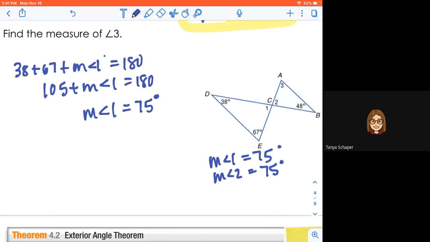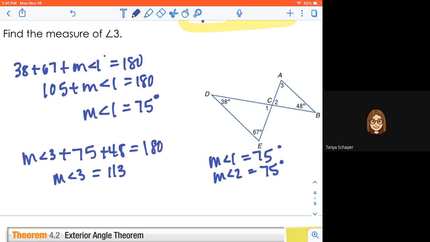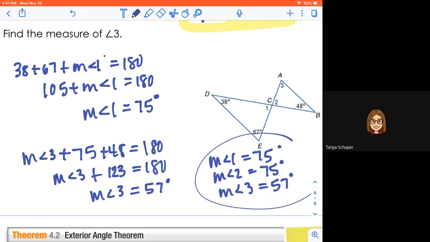Then the measure of angle 3 plus 75 plus 48 is equal to 180. That's 123, so the measure of angle 3 is equal to 57 degrees.